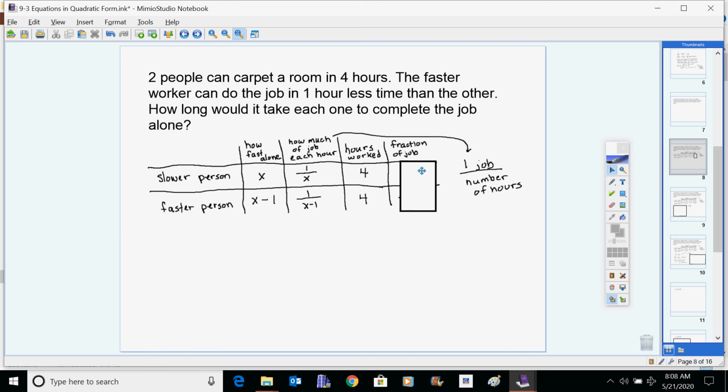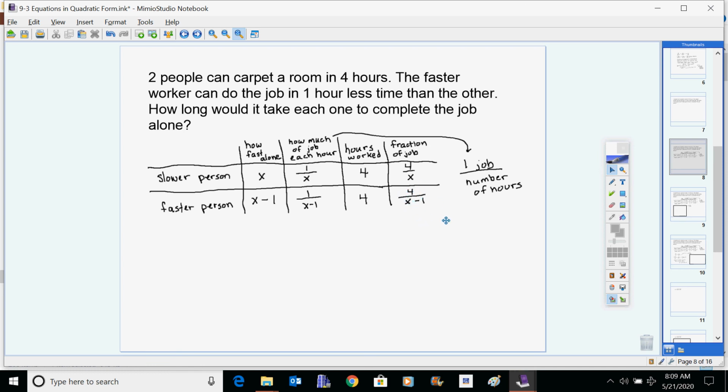The fraction of the job that they will complete in that 4 hours would be 4 times how much they can do each hour. So the slower person will do 4 divided by x, and the faster person will do 4 divided by x minus 1.